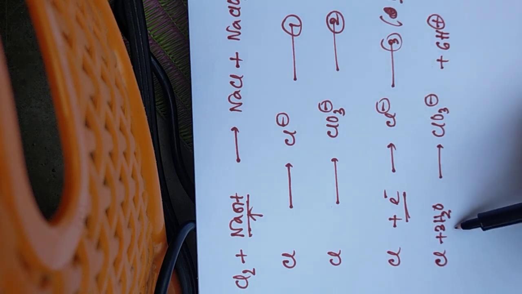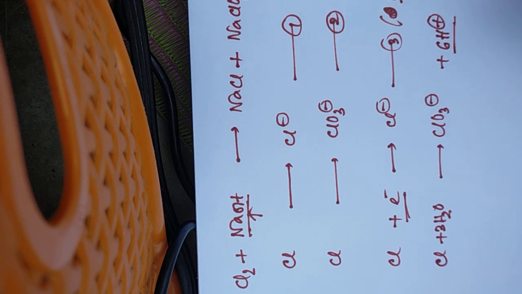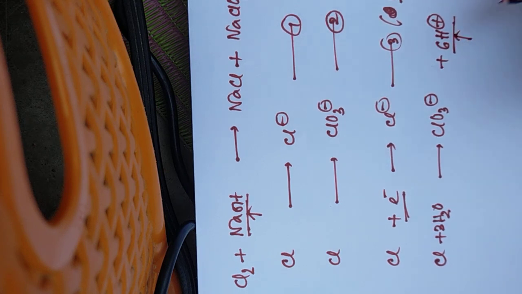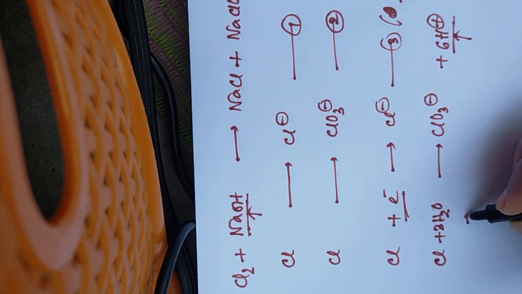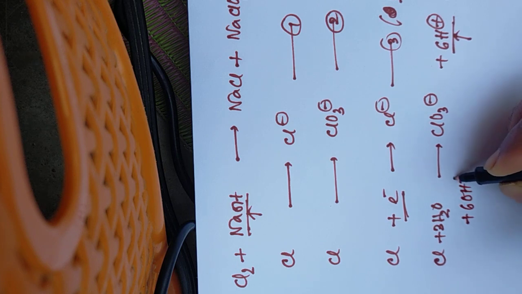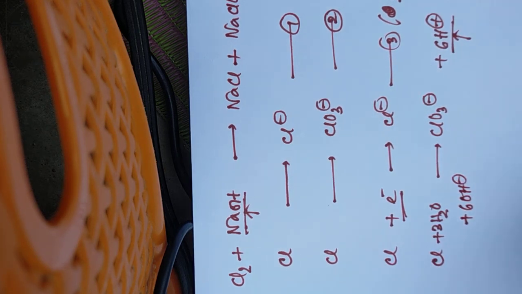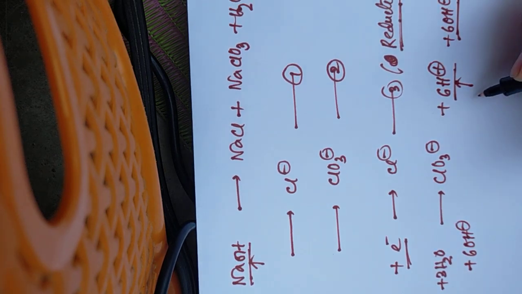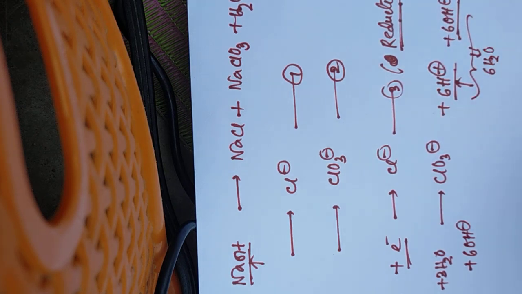As the medium is basic, we neutralize these 6 H+ ions by adding an equal number of OH- ions on both sides. So on the right side we add 6 OH- and on the left side we add 6 OH-. Combining these we get 6 water molecules.